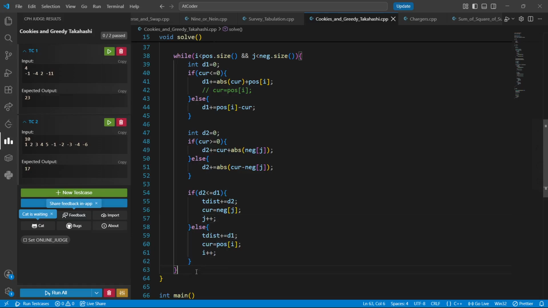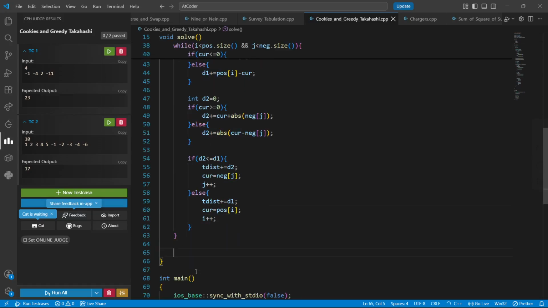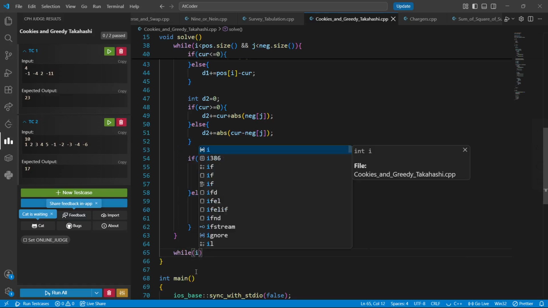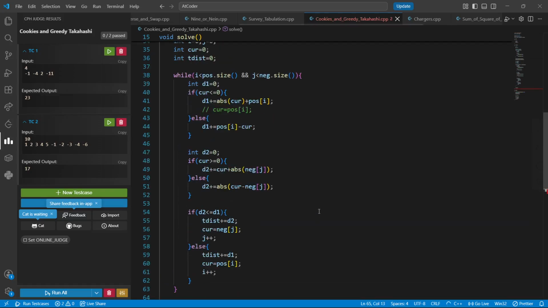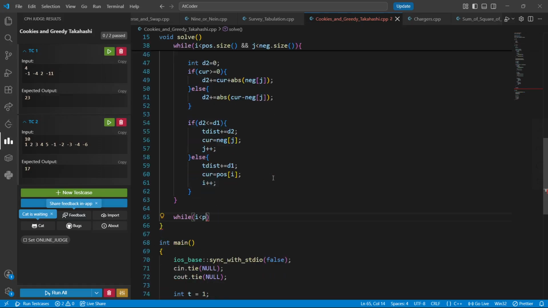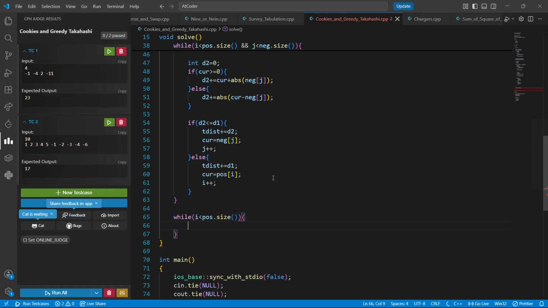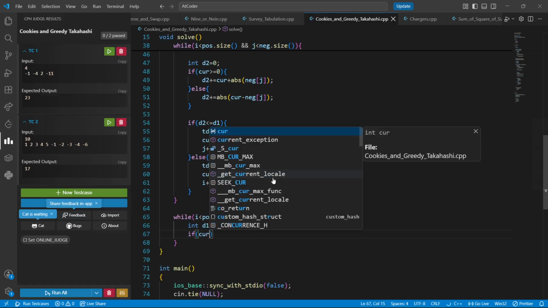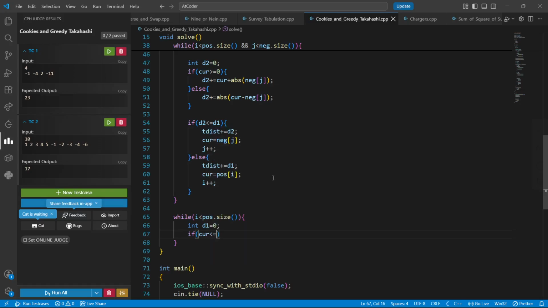Once you've done this, now we check if i is less than positive dot size, which means we have cookies only on the one side now. In that case distance one initially will be 0. We check if current is less than or equal to 0.